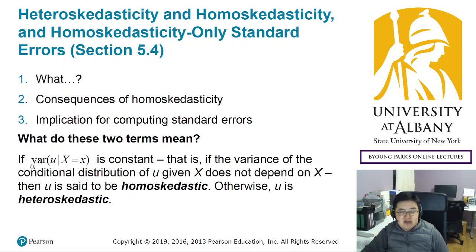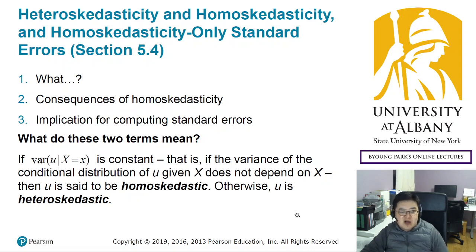As I said, mathematically you can write it this way. Think about the variance of the error term given class size. X is class size and u is the error term. If this variance is constant across different values of x, then we say homoskedastic.